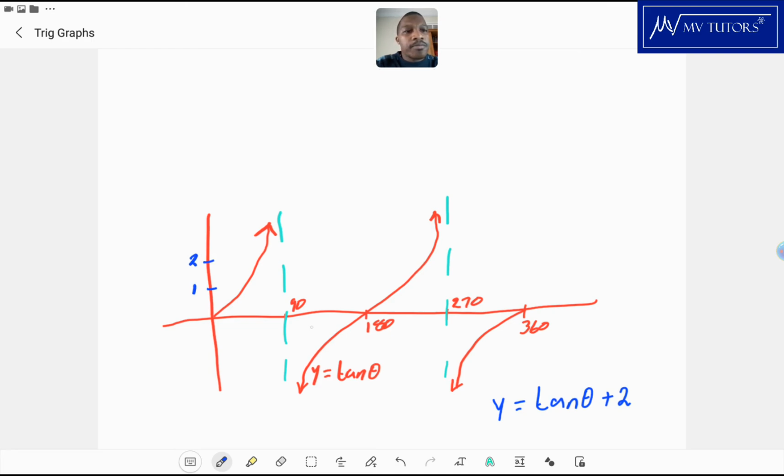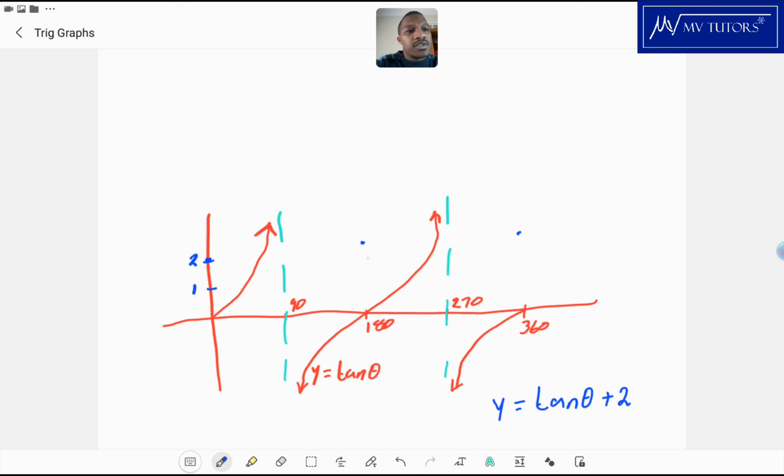That's basically all we need, because the original graph is going to move there, that 180. The asymptote stays the same. 360 is going to move there, and 0 as well, it moves there.